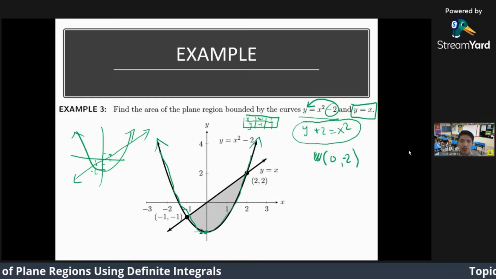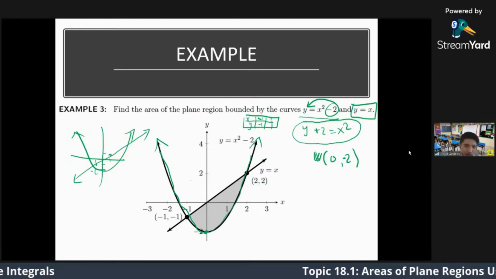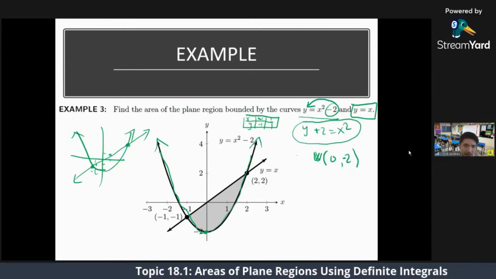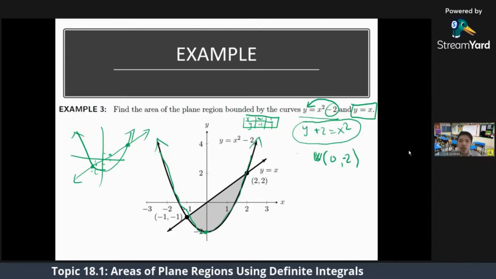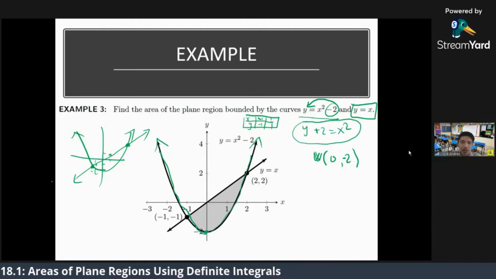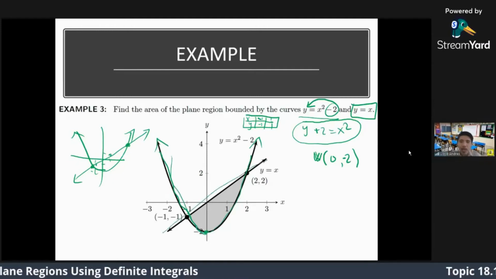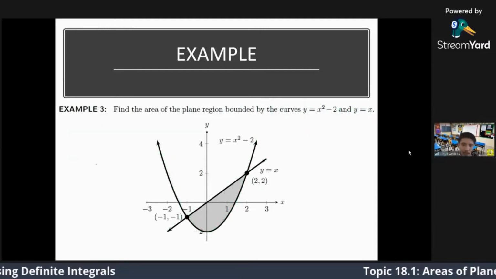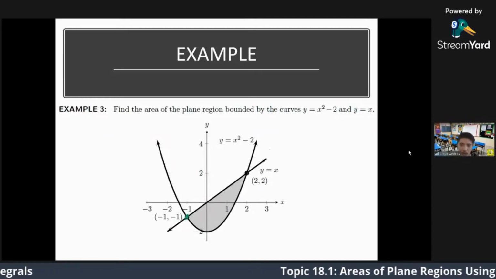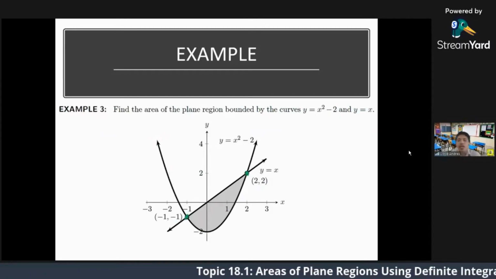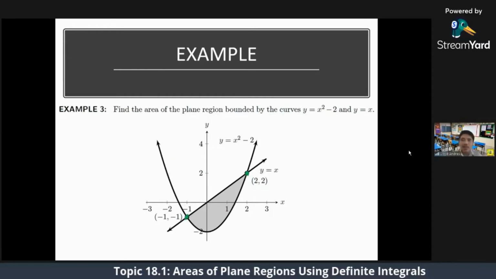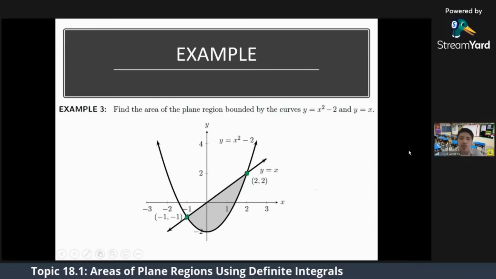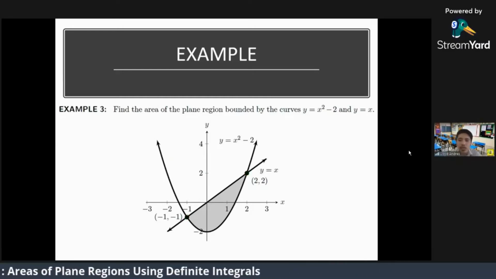Ang point pa, aside from nga ma-sketch nimo, dapat ma-determine nimo ang intersection point. Nakuha na nimo ang vertex, nakuha na nimo ang pagkasaka. Ang question karon unsaon pag-identify ang intersection points. Kung mag-sketch lang ka, dili man gud na diretso ma-identify. So, you should identify that one using algebra.